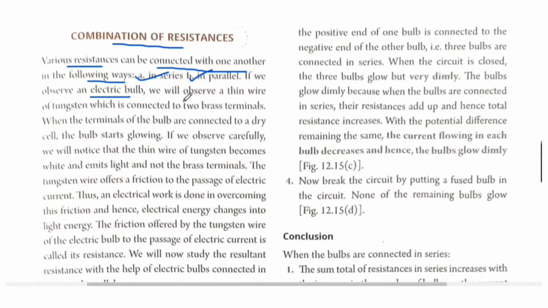If we observe an electric bulb, we can see that inside it there are two brass terminals. The upper ends of the brass terminals are connected by a thin wire of tungsten. And if these two brass terminals are connected to a dry cell, then the bulb starts glowing.